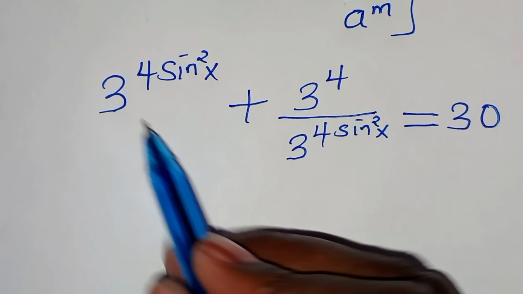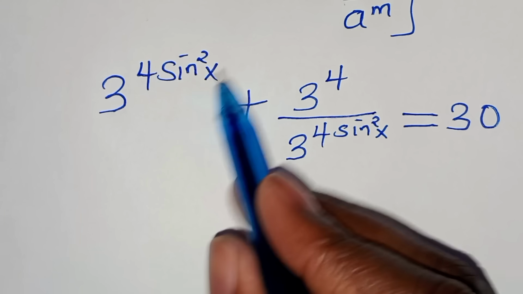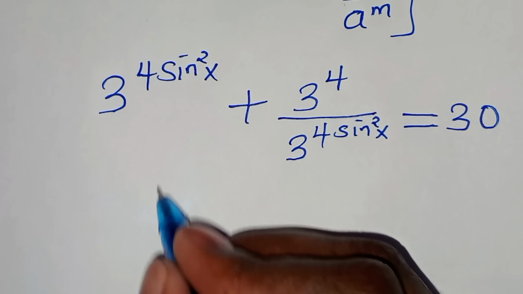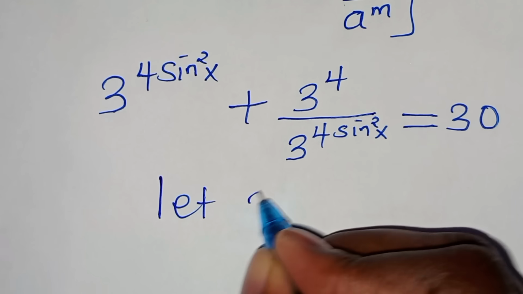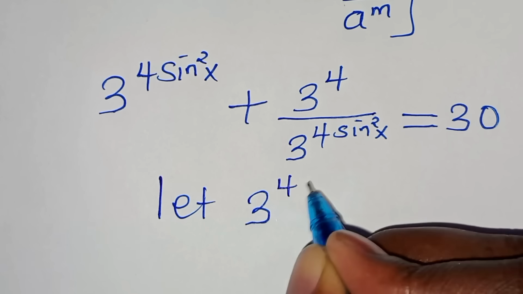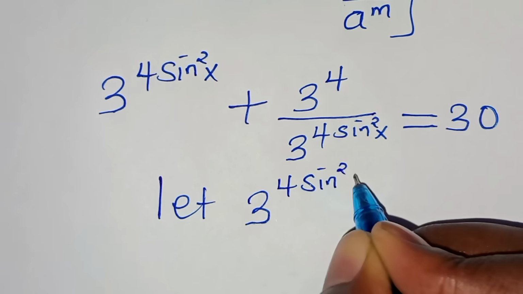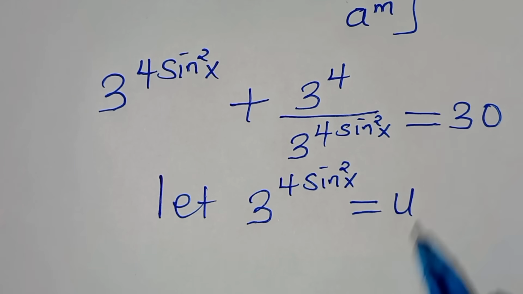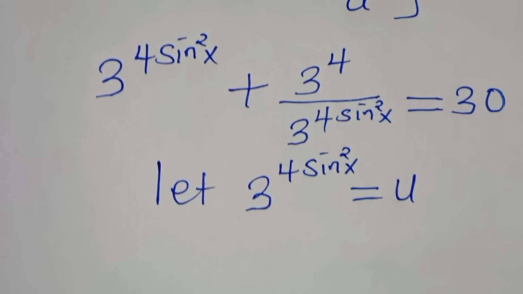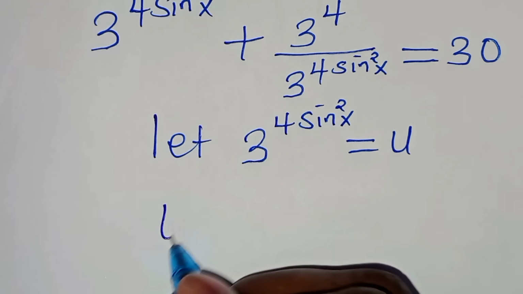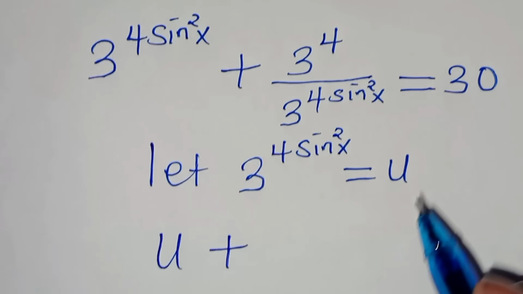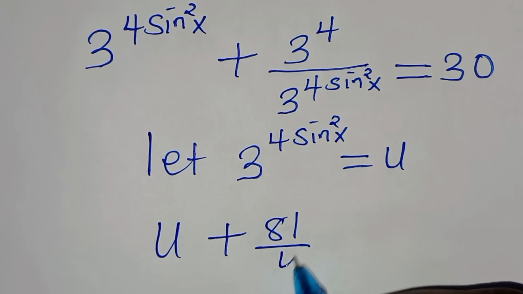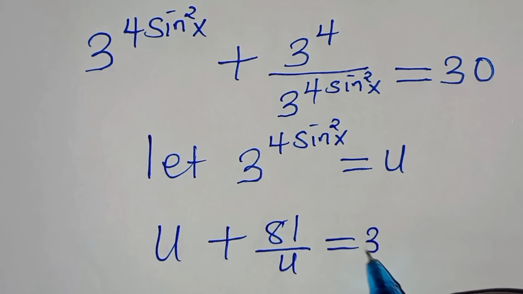So we have 3 to the power of 4 sin squared x in both terms. So we can let 3 raised to the power of 4 sin squared x be equal to u. Let's substitute u so that now we have u plus 3 to the power of 4, this is 81, divided by u, equal to 30.